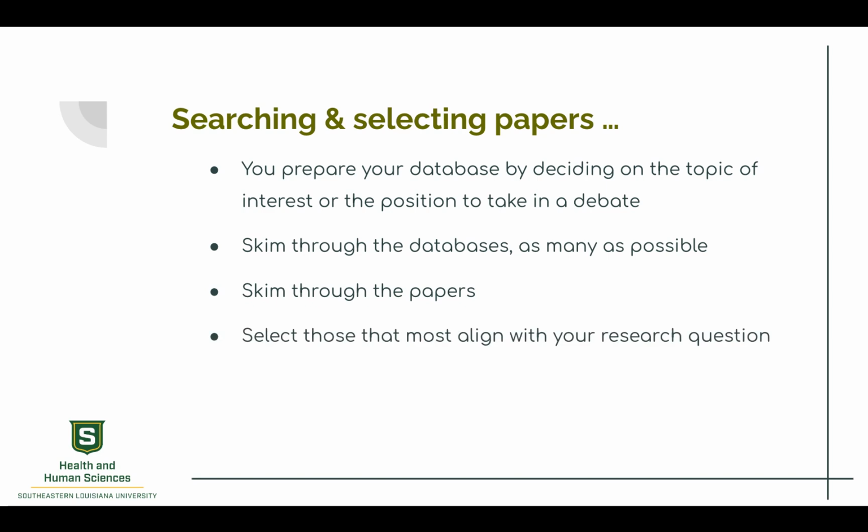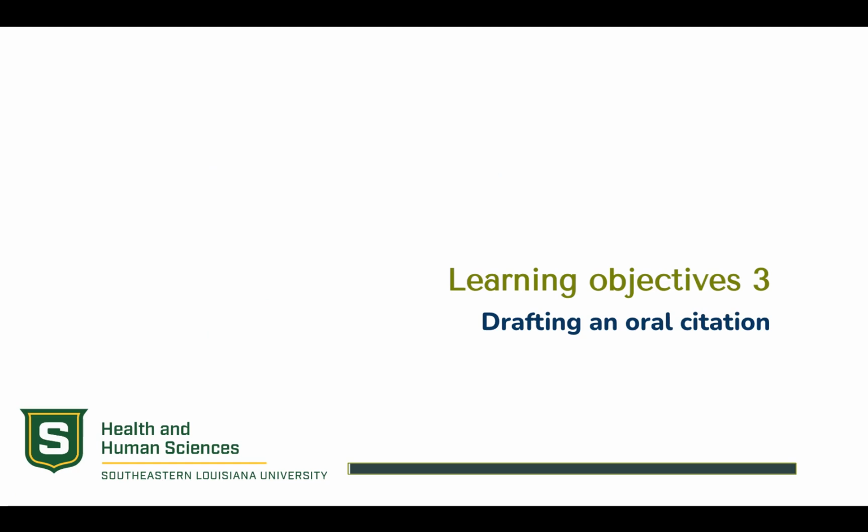When you're scanning through the papers, what you're doing is selecting the papers that most align with your research question, so that you're not spending your time on a whole bunch of papers that are not going to do much for you in terms of the work that you need to do. So that is what has to happen. And what you then use is the information inside those papers to outline your speech. So that is how that goes.